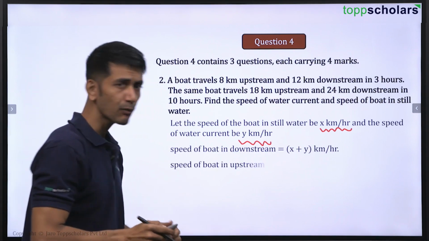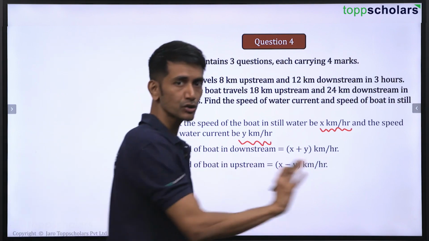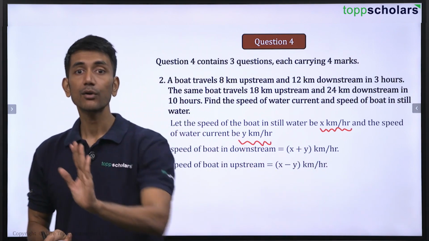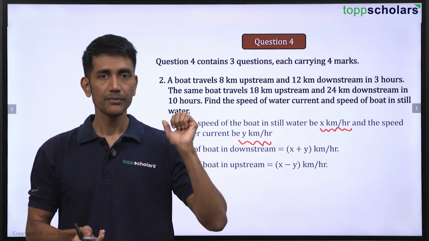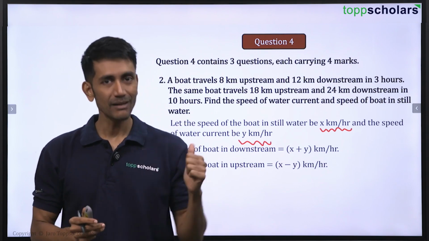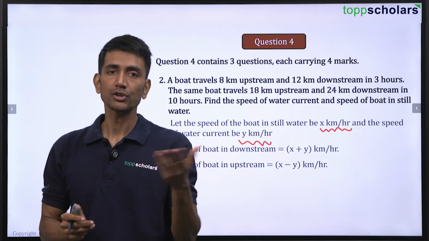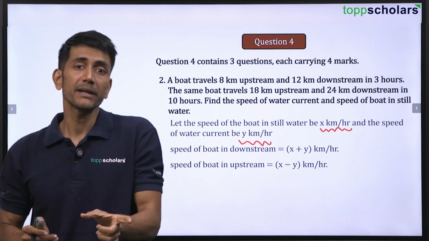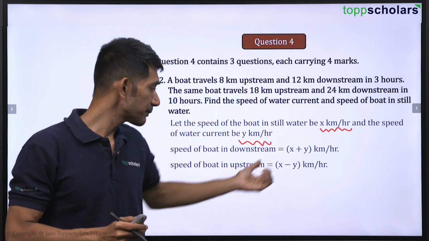And in downstream what will happen? Because there is a push from behind, the speeds will increase. Both the speeds are going to increase, because if someone pushes you from behind, you'll go faster, right? The water is pushing the boat with its own speed. Its speed is y, the boat's speed is x, so the total speed will be x plus y.